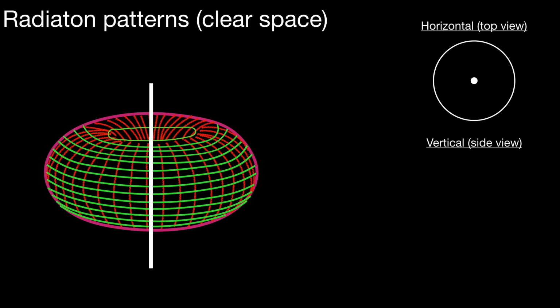And similarly, if you look at a donut from the side and you cut it along the center, because you want to see where the half-wave dipole is, you'll be presented with two circles, two cores, if you like, of the donut facing you. And so that would be the vertical or side view polar diagram, or radiation pattern, of the half-wave dipole in clear space.